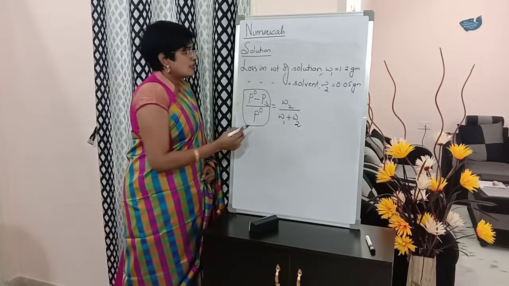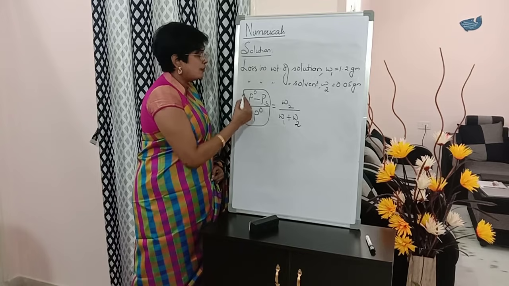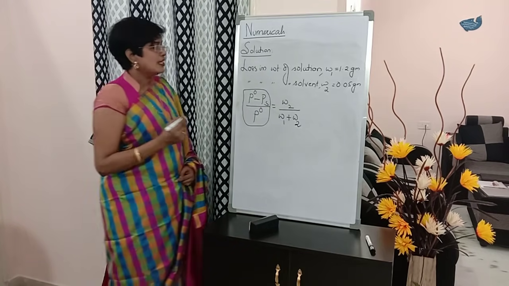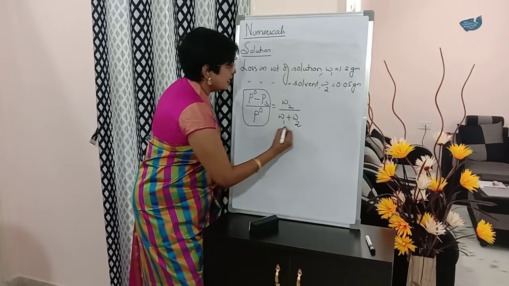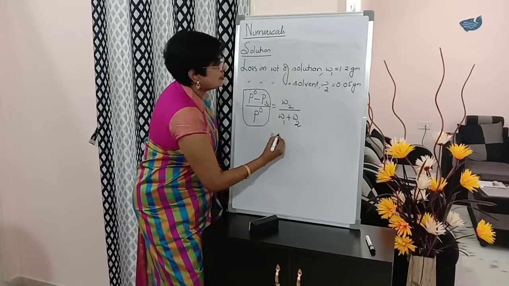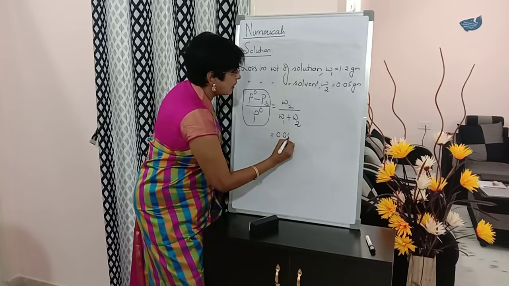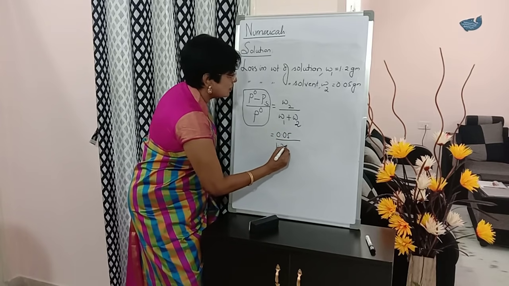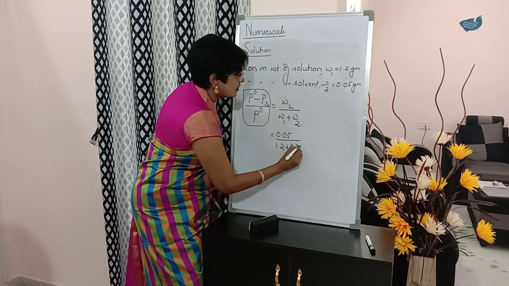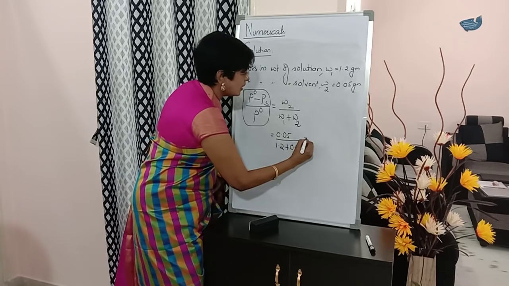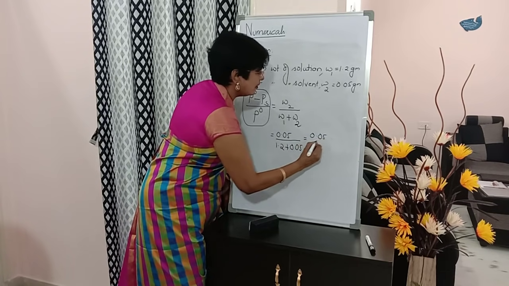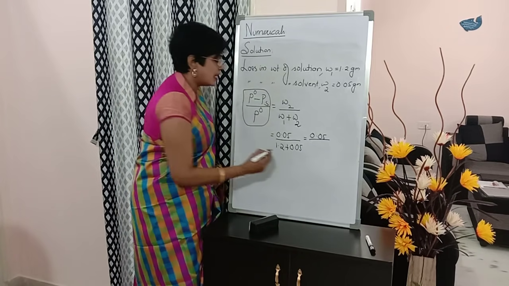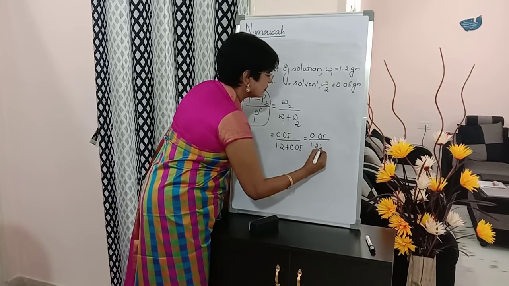Okay. So now calculate this quantity. Substitute the values given: W2 is how much, students? 0.05. W1 is 1.2, plus 0.05, which is equal to 0.05 by (1.2 plus 0.05). How much? 1.25.